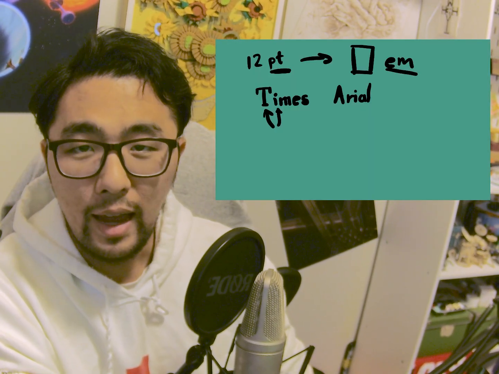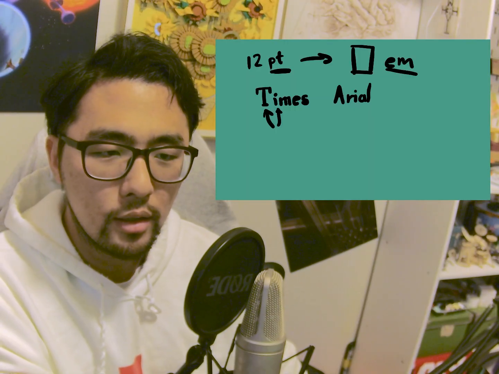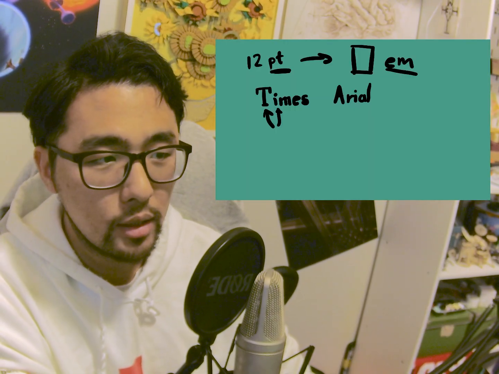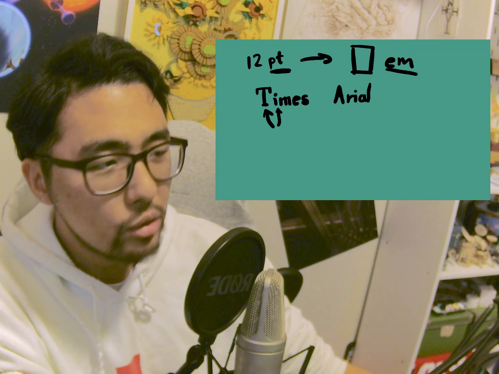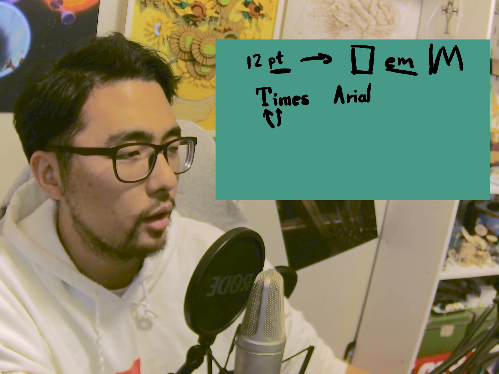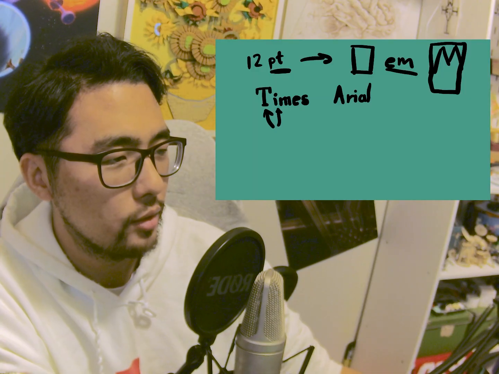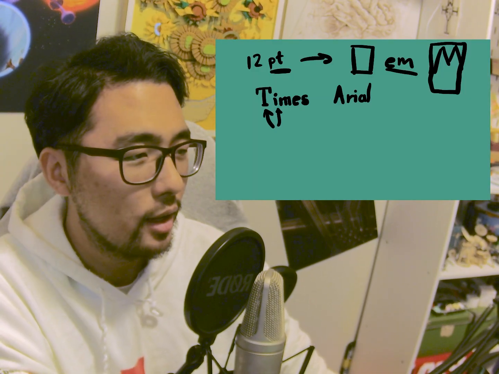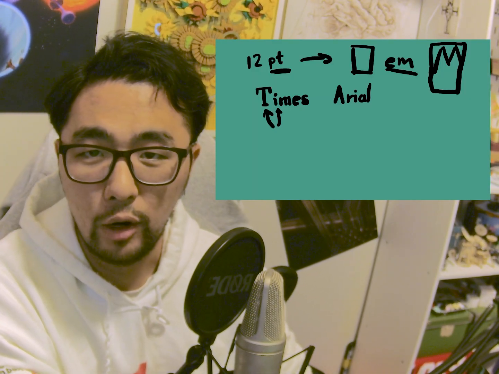And this is kind of an antiquated way of measuring sizes of fonts, because this used to be apparently the size or the width of the letter M with kind of like spacing underneath it, and it just gets very complicated.